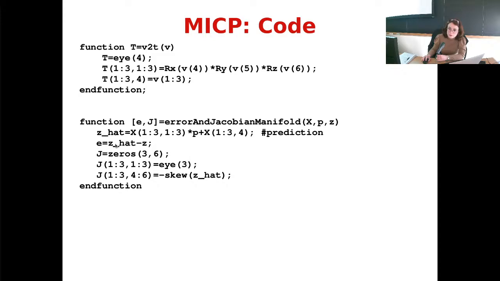Then we compute the error as the difference between the predicted measurement and the actual measurement. And then we write down J as the composition of two blocks. The first one is the identity, and the second one is minus the skew-symmetric matrix of the prediction of the measurement z hat.